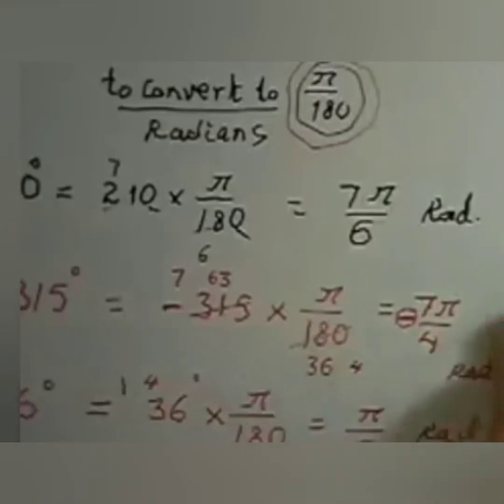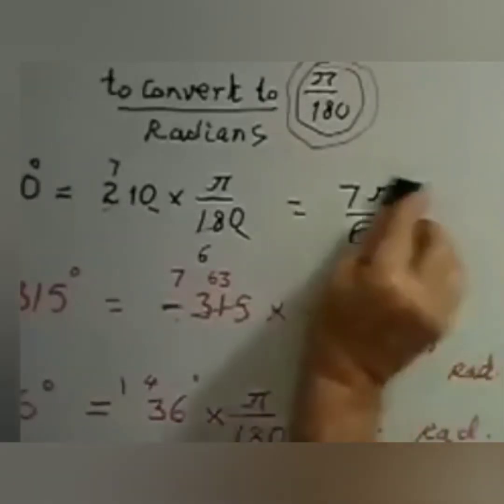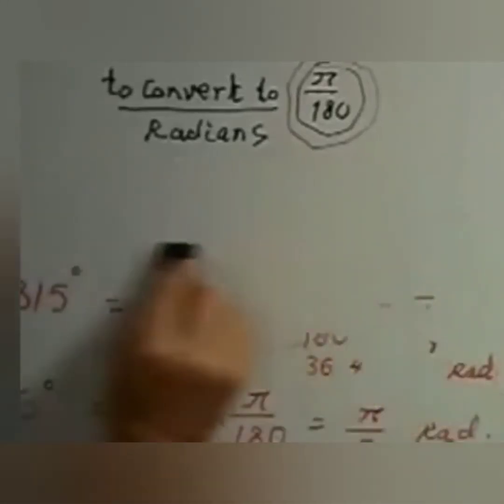Now let us do the inverse. Convert from radians. These angles are given in radians, and we need to convert them into degrees. So we do the inverse also.